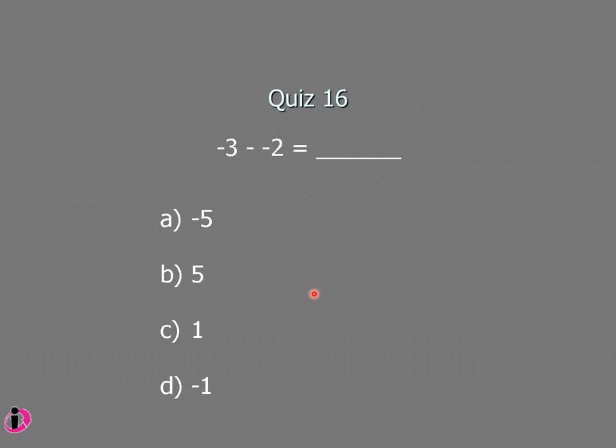Negative 3 plus 2. Now if you want to see what is what, negative 3 is a negative number and the 2 is a positive number. So you have opposite signs. It will be a subtraction. But you keep the sign of 3, right? Because 3 is larger than 2. It's negative 1. Right answer is D here. How about this one?